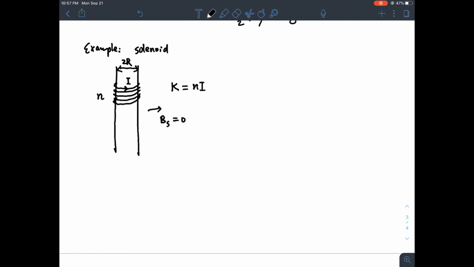Now how about the phi component? Whether B phi should be 0 or not. B phi should also be 0.